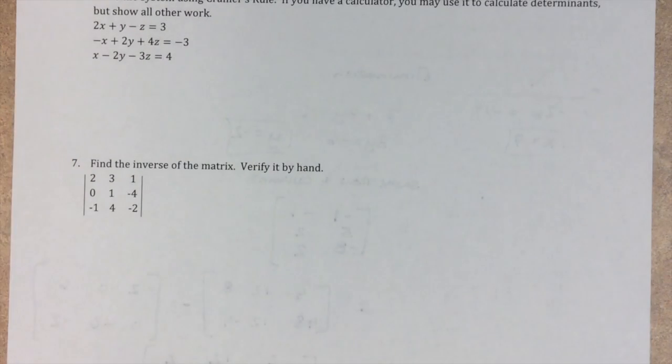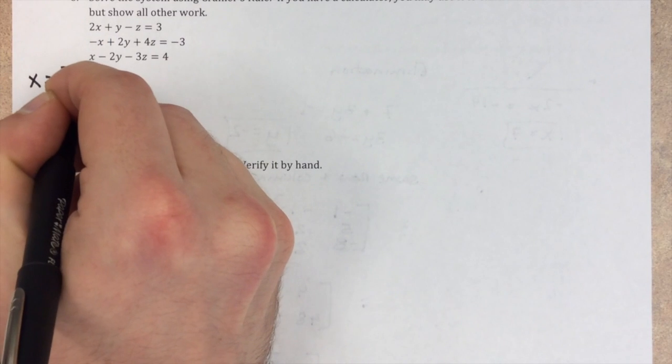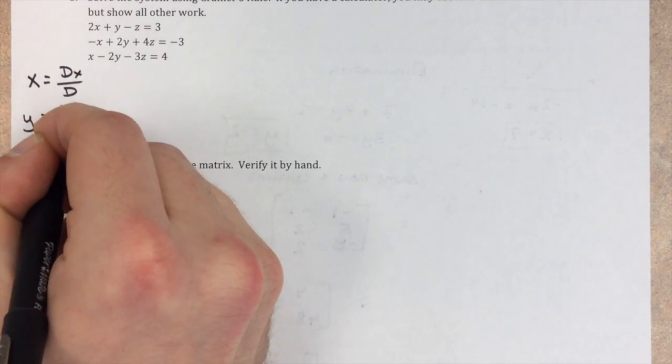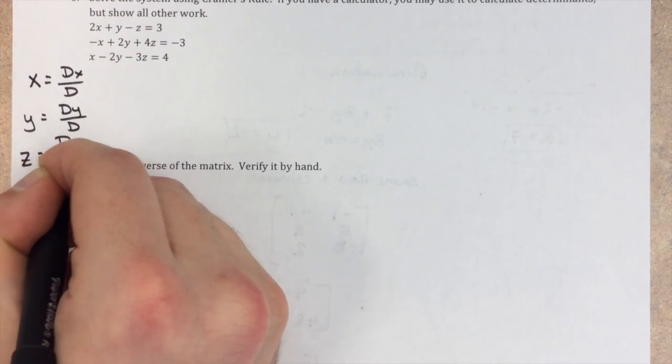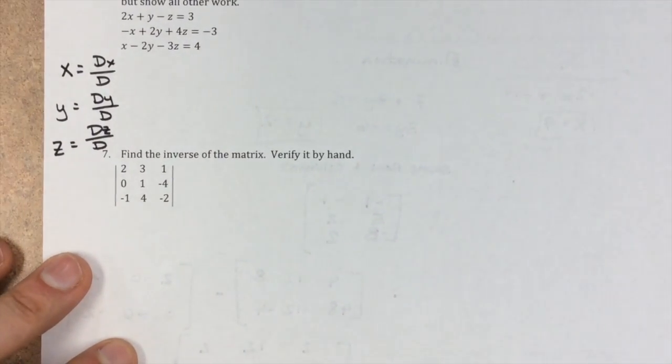Let's flip it over. So to set up something like Cramer's rule, if we look at number 6, we want to find 4 things because we want to know x is dx over d, y is dy over d, and z is dz over d. Let's get those on screen.